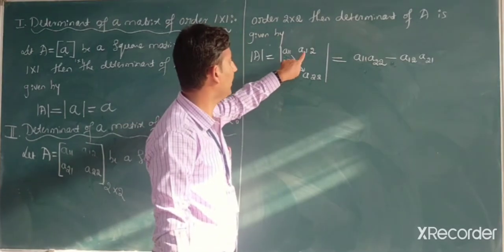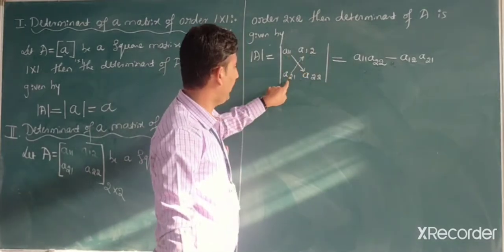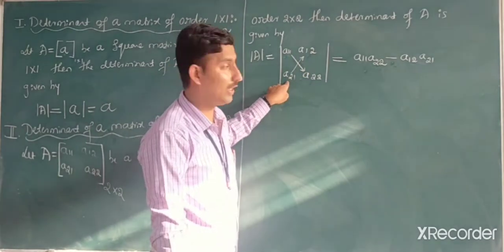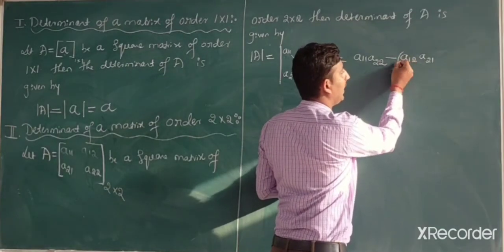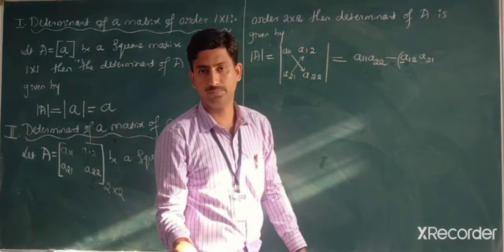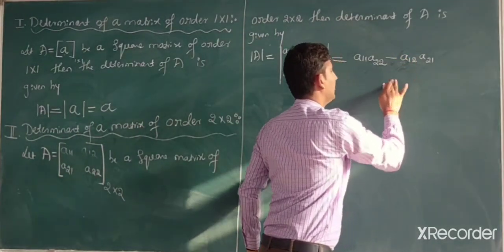In case A12 is negative and A21 is positive, there is a bracket, this value is negative, and negative into negative becomes positive. But this is only one case.